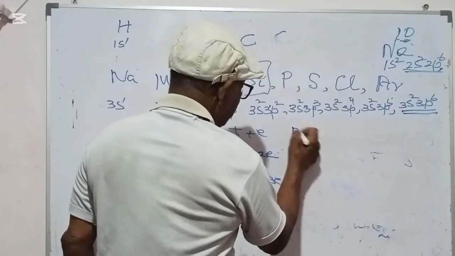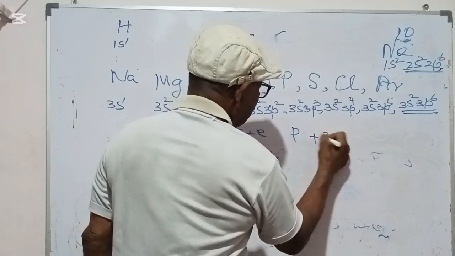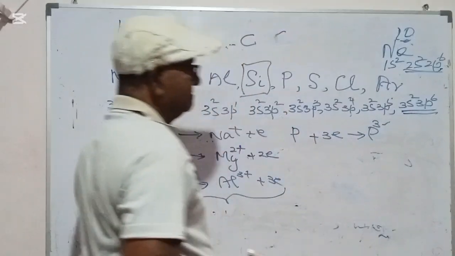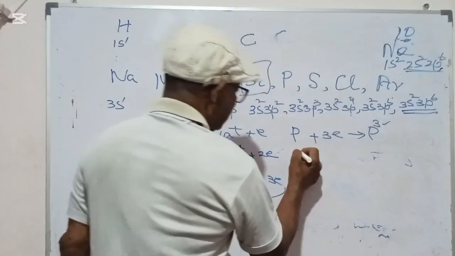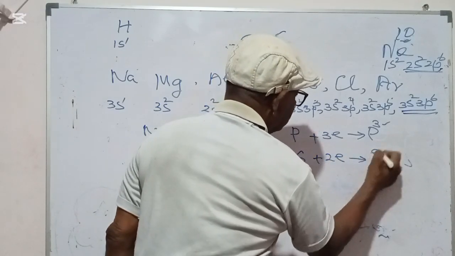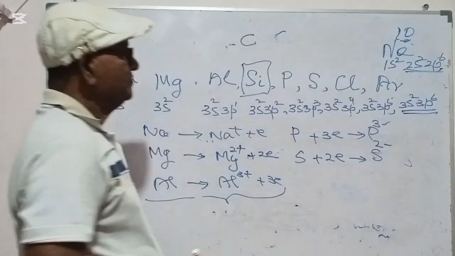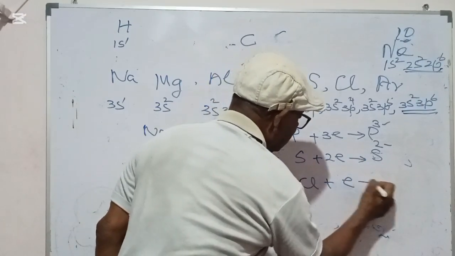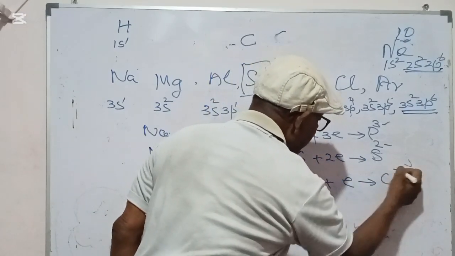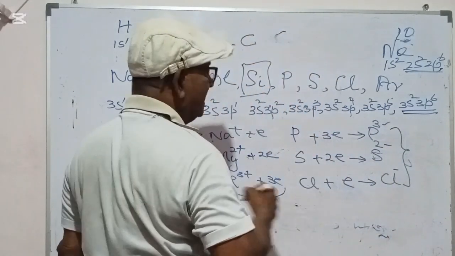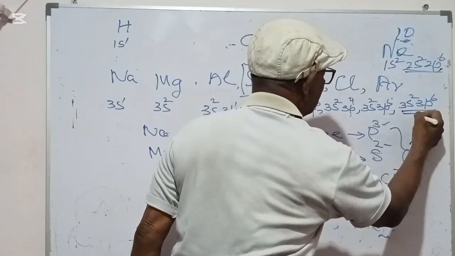Then P plus 3 electrons gives P3-, S plus 2 electrons gives S2-, Cl plus 1 electron gains Cl-. All of them gain the configuration of argon.